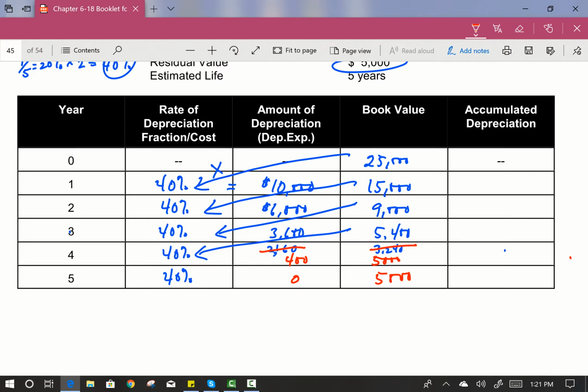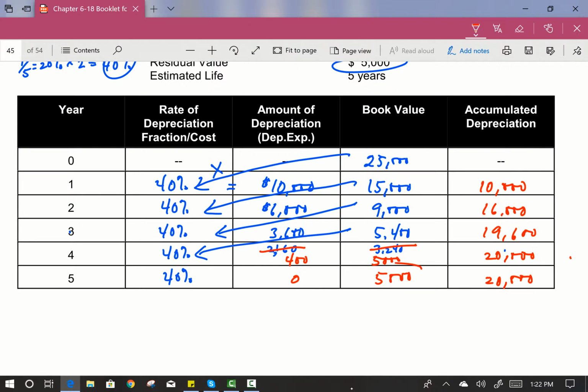Okay, then to calculate my accumulated depreciation thus far, I should have been doing that each year. My first year was 10,000, plus 6 gives me 16,000, plus 3,600 gives me 19,600. 19,600 plus 400 gives me 20,000, and then plus 0 gives me $20,000 for accumulated depreciation.